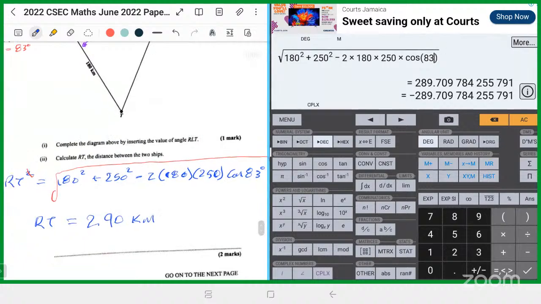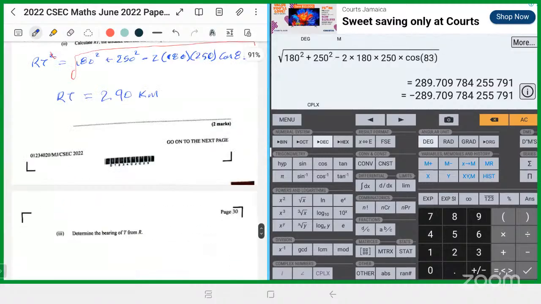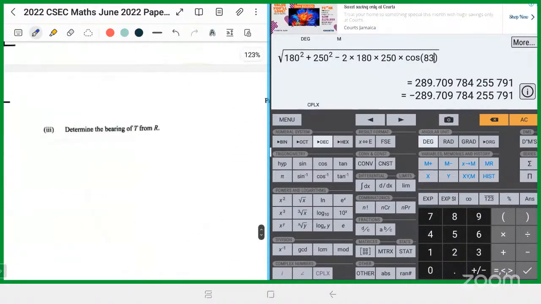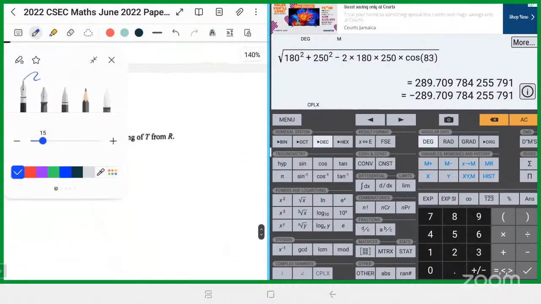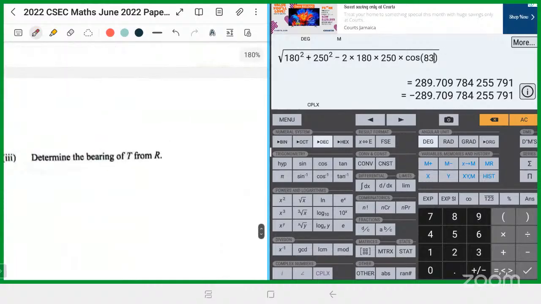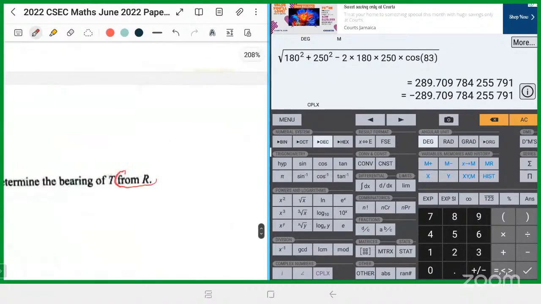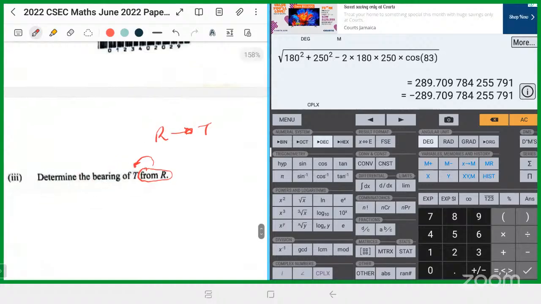That's what RT is. The thing is, they want the bearing of T from R. So they want the bearing from R to T, the bearing of direction R to T. Let's look at the diagram.